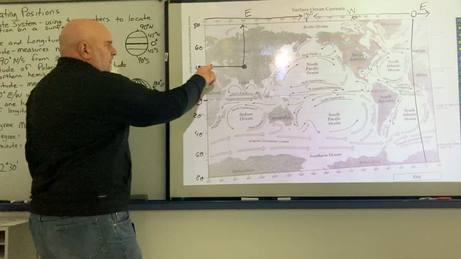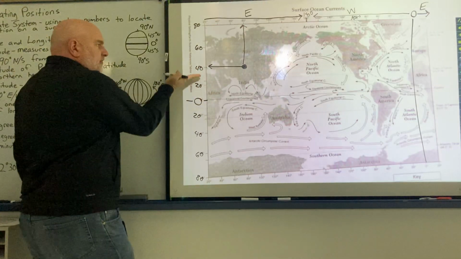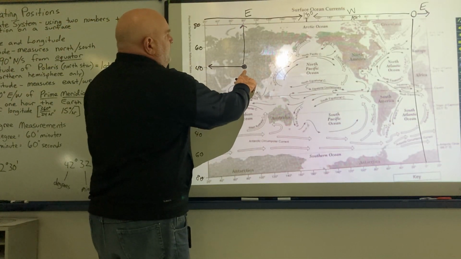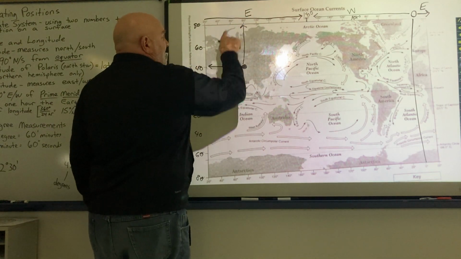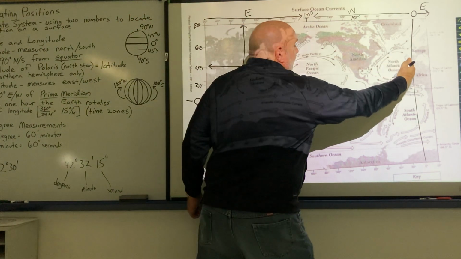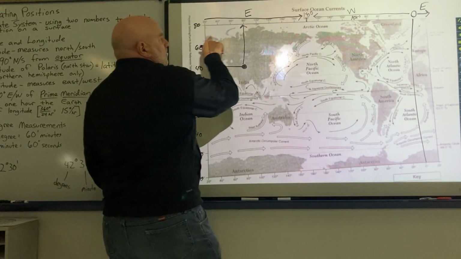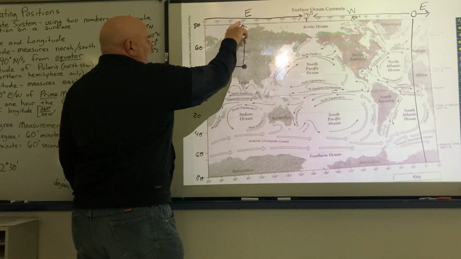So this is going to be 40 degrees north because it's above the equator. And for my longitude, it's going to be 80 degrees east, right? Because remember, it goes 0 to 180, 0 to 180. So that'd be 80 degrees east.